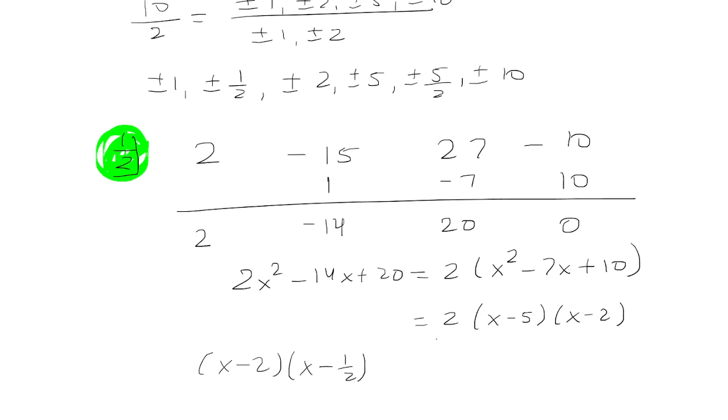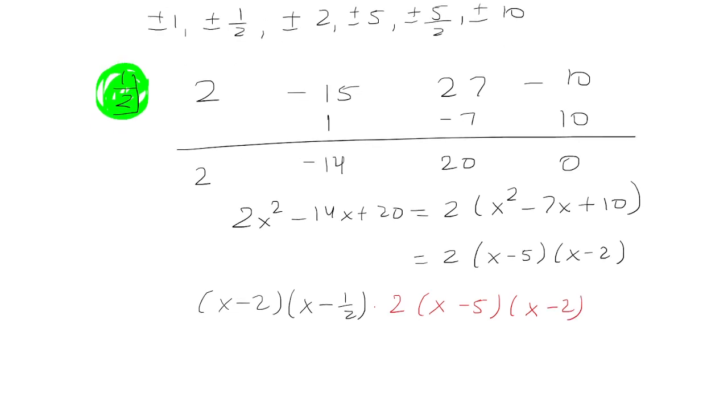Okay. So I want to combine this with what I have above here, the 2 times x minus 5 times x minus 2, and what I can do is take this 2 and distribute it into the x minus 1/2 piece.